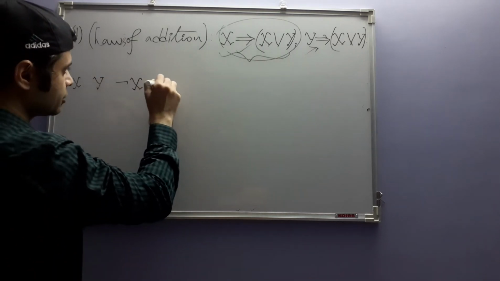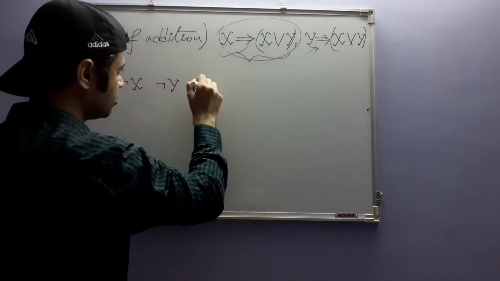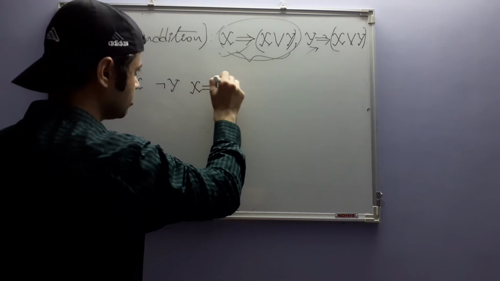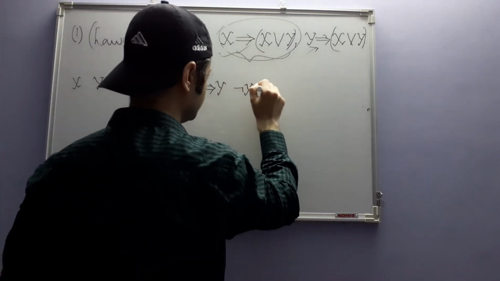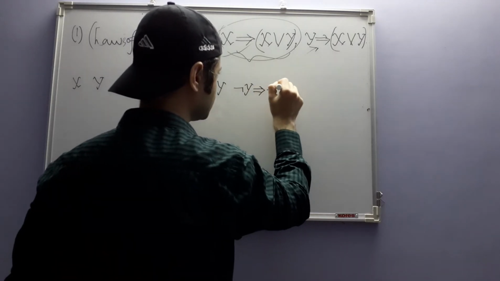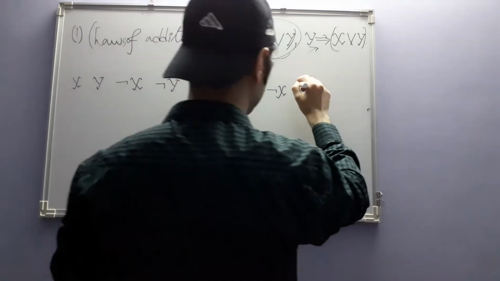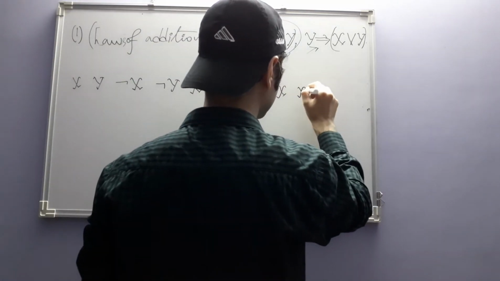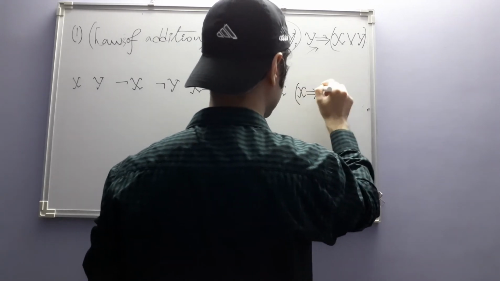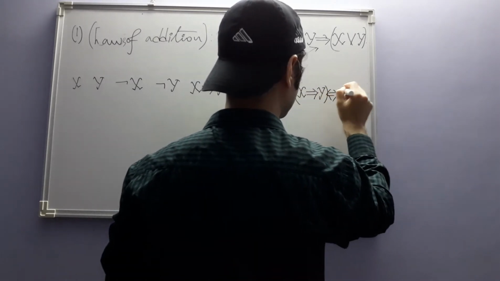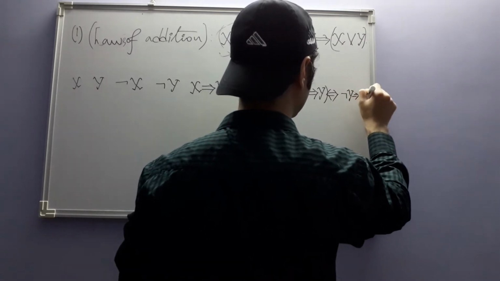We need negation of y, then we need x implies y, then we need negation of y implies negation of x, it's the contrapositive, and finally, since we have space, we may as well write the equivalence of these two statements. Negation of y implies negation of x.